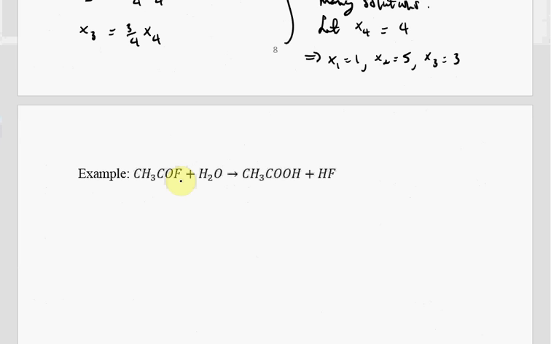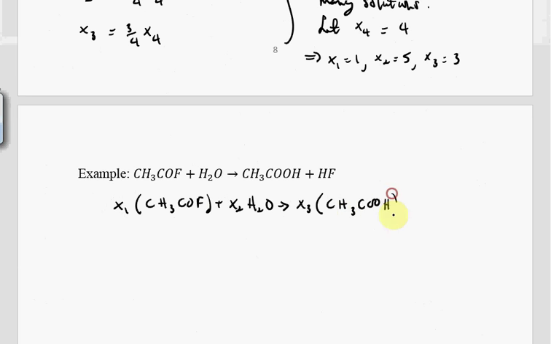If I'm correct, you have x sub 1 CH3COF plus x sub 2 H2O produces here x sub 3 CH3COH plus x sub 4 HF.